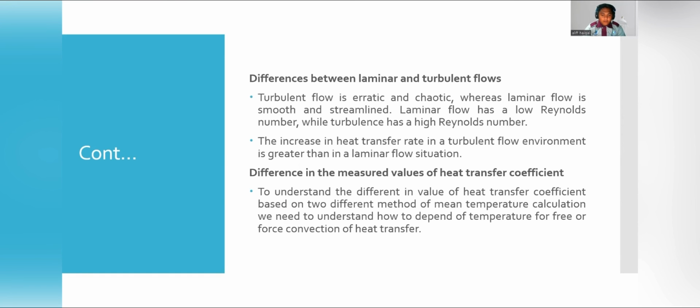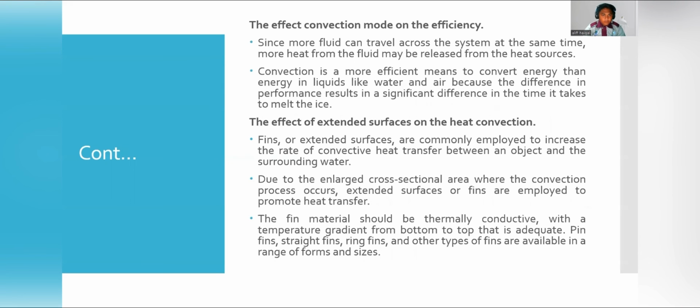Number three, the difference in the measured value of heat transfer coefficient. To understand the difference in value of heat transfer coefficient based on two different methods of mean temperature calculation, we need to understand how it depends on the temperature for free and forced convection heat transfer. After that, the effect of convection mode on efficiency.